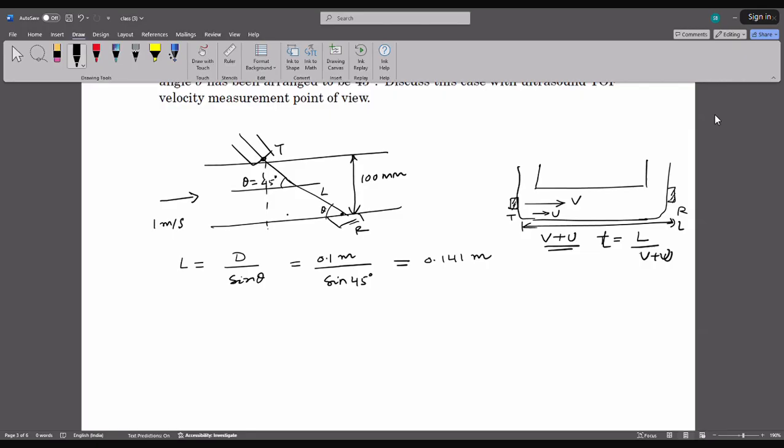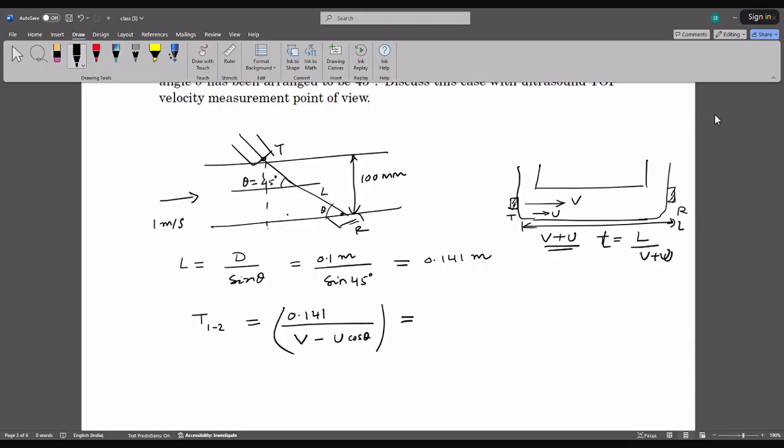So the transit time T1 to 2 would then become 0.141 divided by the velocity of sound v minus u cos theta.